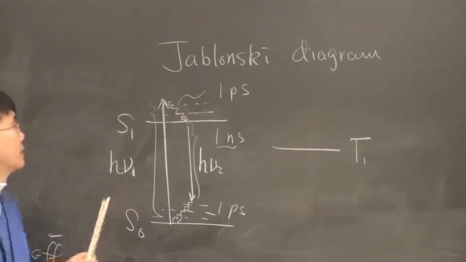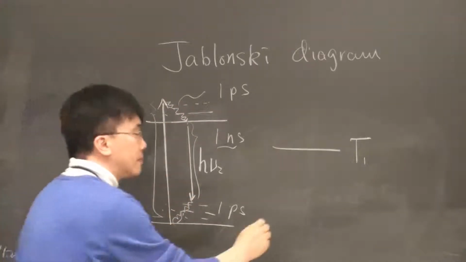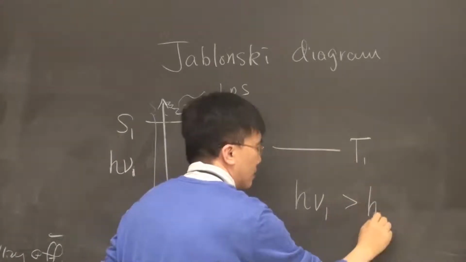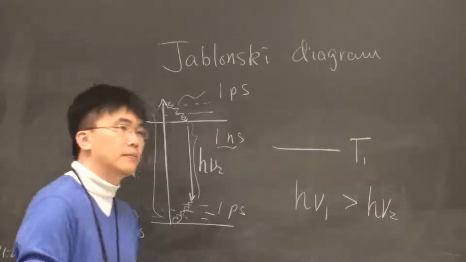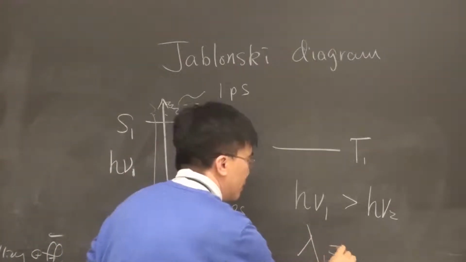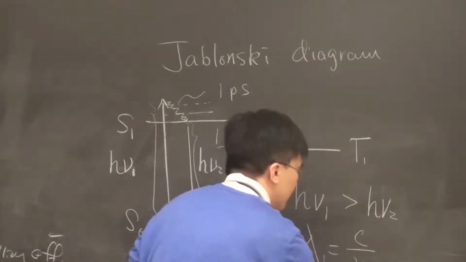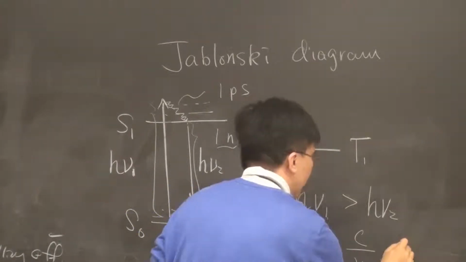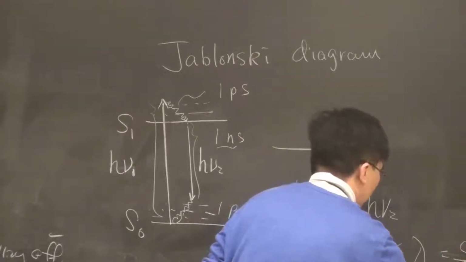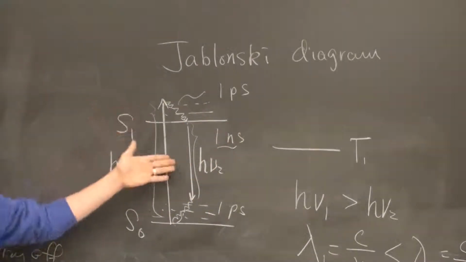Now, because of the energy lost here and here, okay. So if you want lambda 1, which is, so energy is different between the excitation and emission photons.